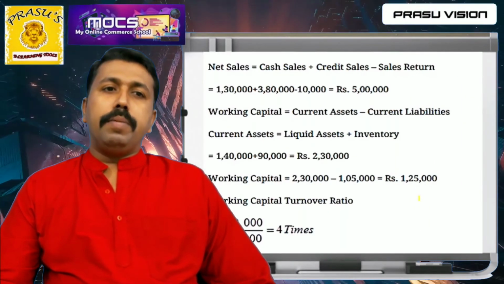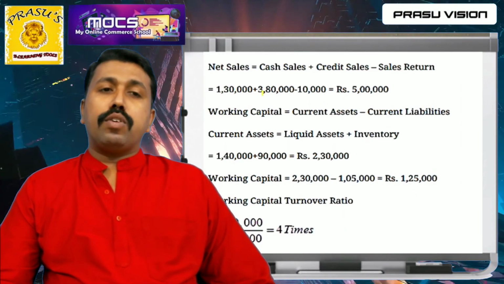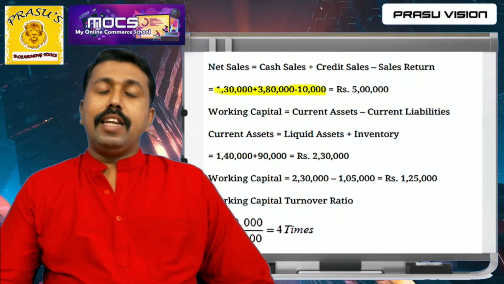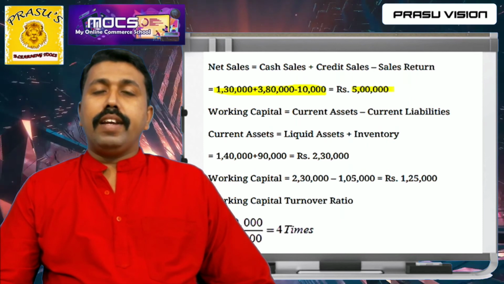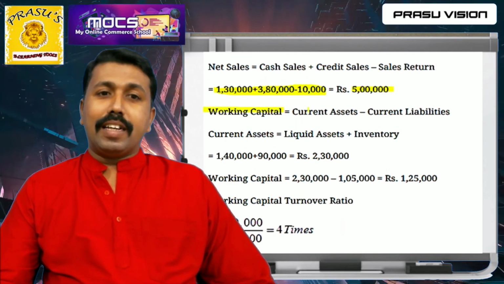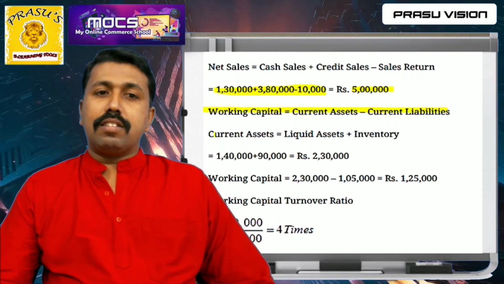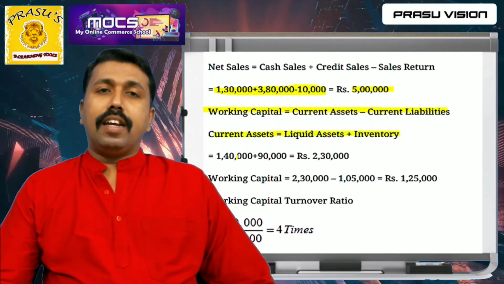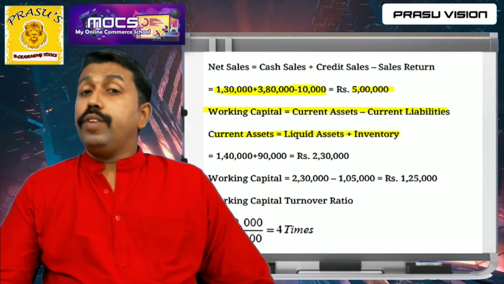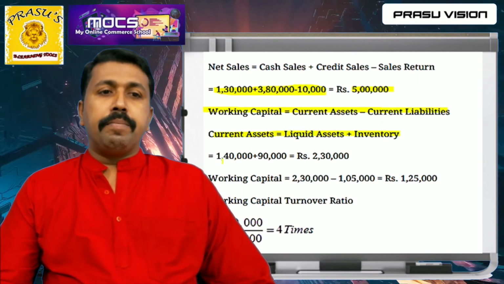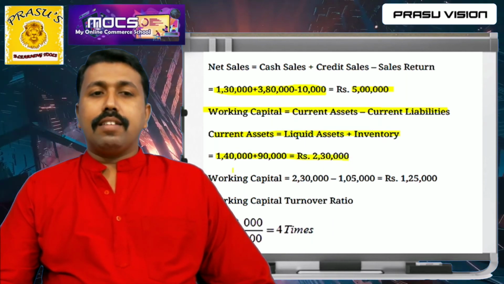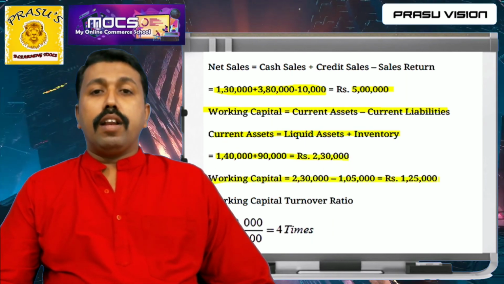The solution: net sales or net revenue from operation is equal to 1,30,000 plus 3,80,000 minus 10,000. 5 lakh is the value of net revenue from operation. And working capital can be calculated using the equation. Keep in mind the current asset is the total of liquid asset plus inventory and also advance taxes, etc. So 1,40,000 plus 90,000, 2,30,000 is the value of current asset.